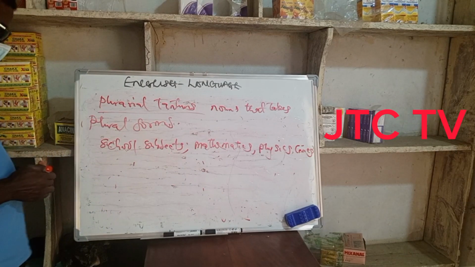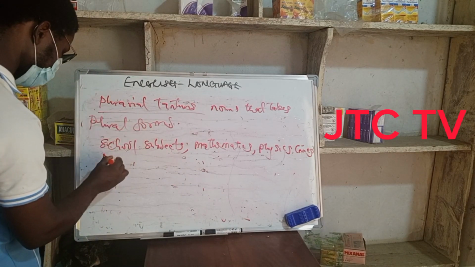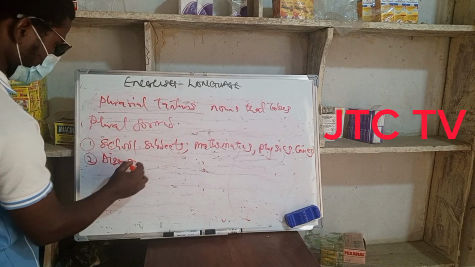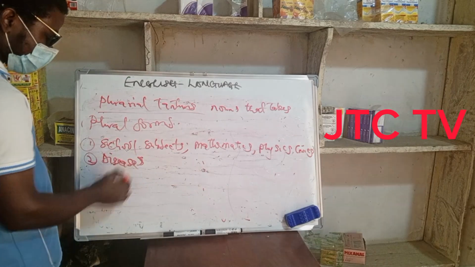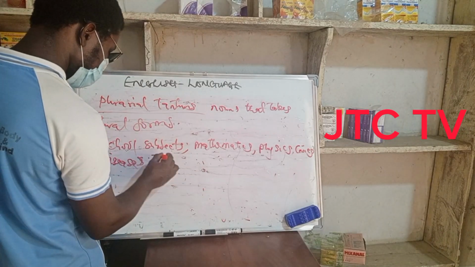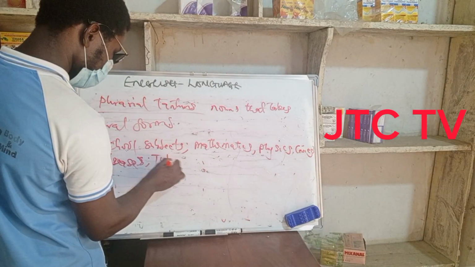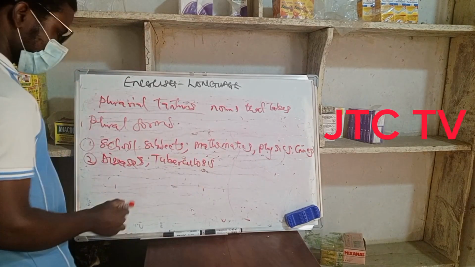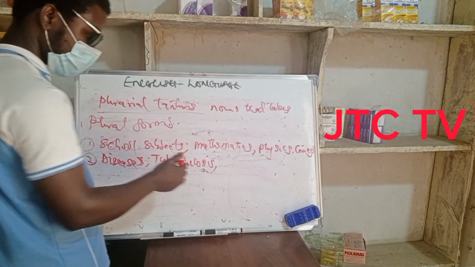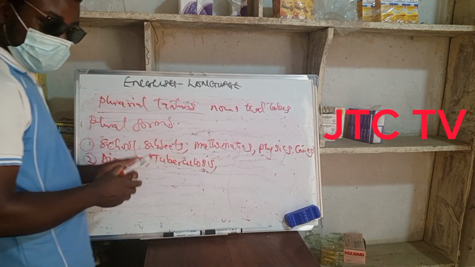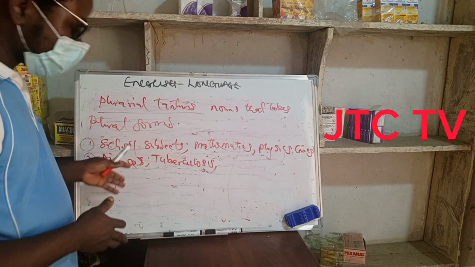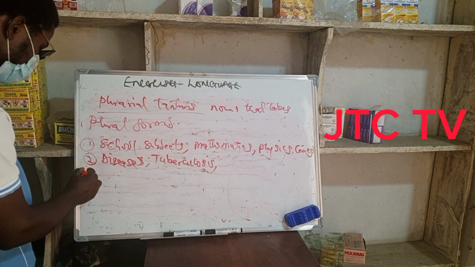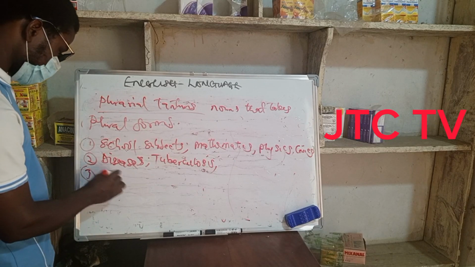Okay? Diseases. Diseases like tuberculosis. Okay? Tuberculosis is one of the diseases that we are going to consider. There is X at the back. Games.